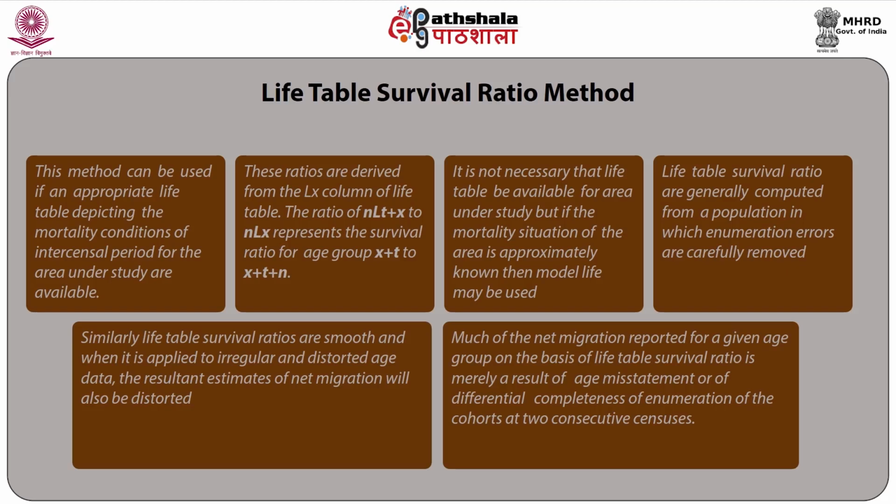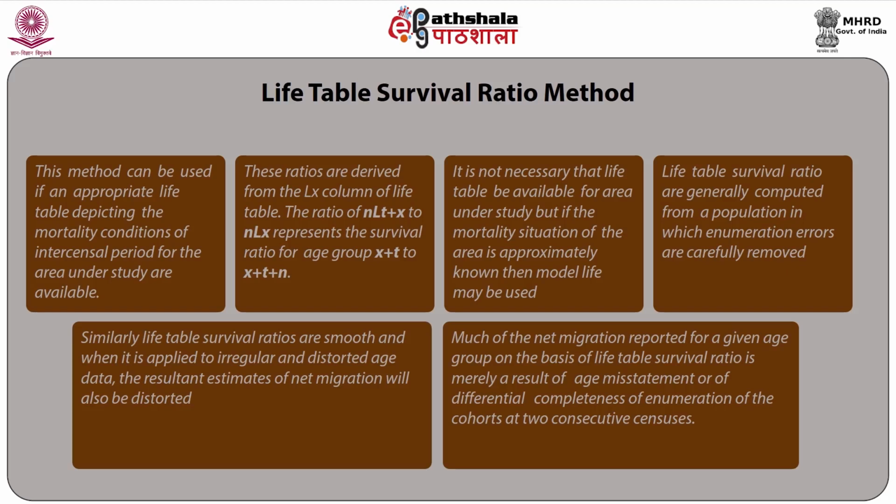Life table survival ratios are generally computed from a population in which enumeration errors are carefully removed. Thus, it assumes that the data are free from any error. Similarly, life table survival ratios are smooth, and when applied to irregular and distorted age data, the resultant estimates of net migration will also be distorted.